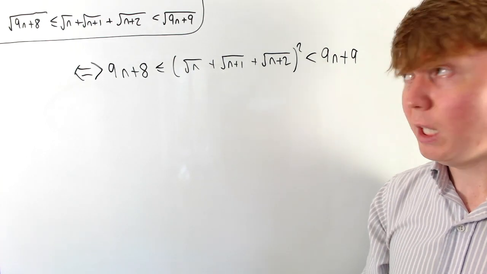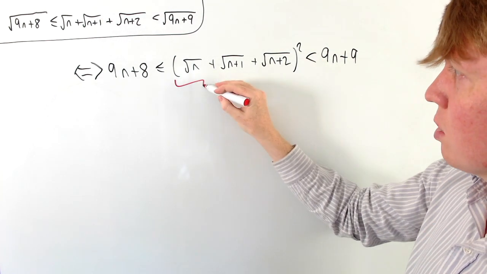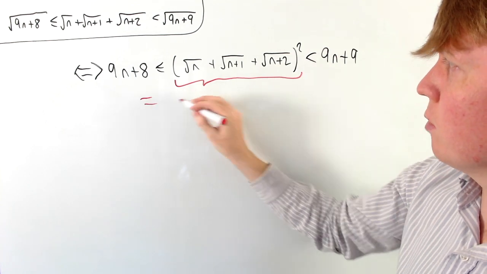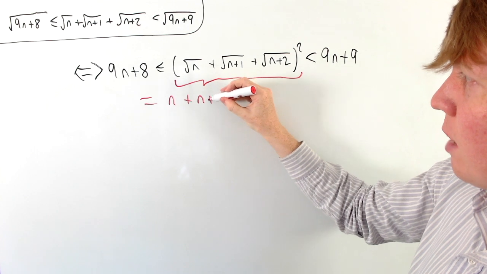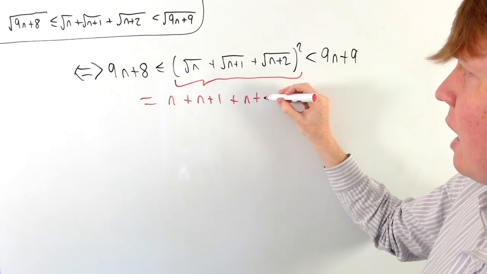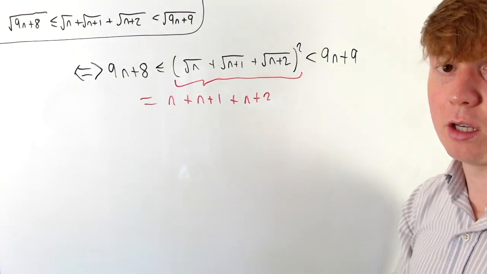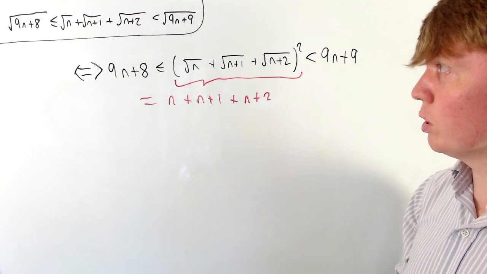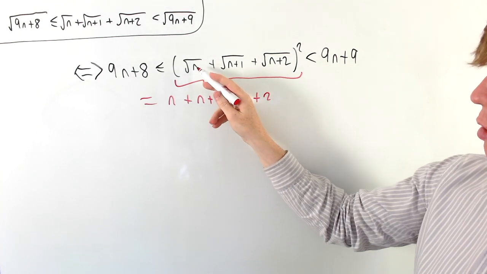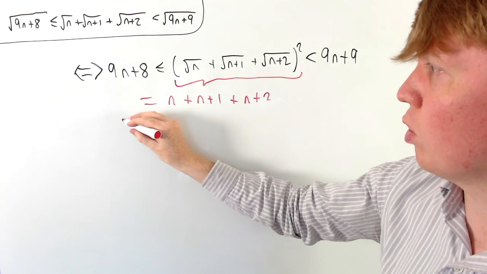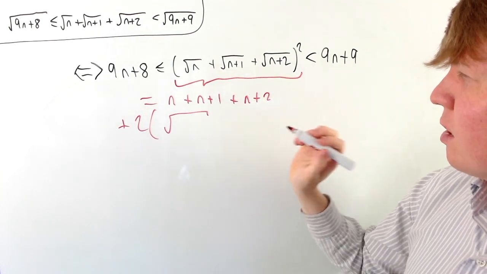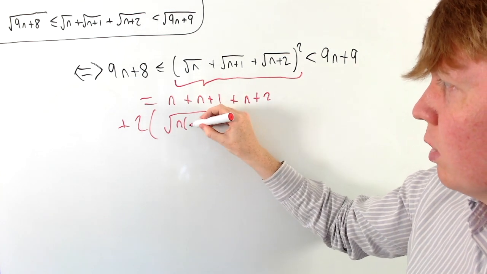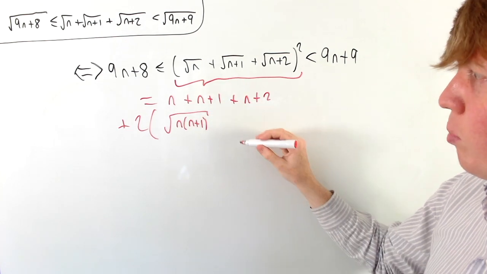So then when we expand the brackets and square all of these terms, let's see what we get. First of all, for each of the squared terms, we'll have n plus n plus 1 plus n plus 2. And then we have all of our cross multiplications. We'll have two lots of, we've got root n times root n plus 1, and I'll factor this in, instead of root n times root n plus 1, we'll put root of n times n plus 1 in brackets.